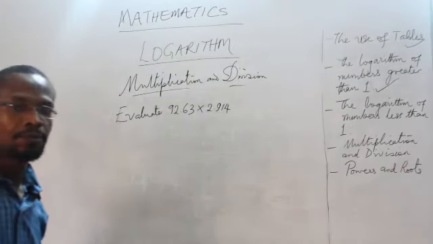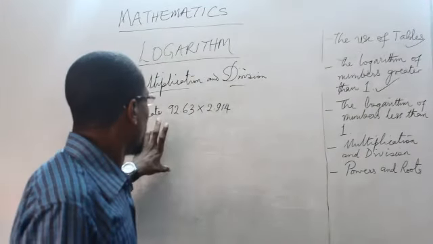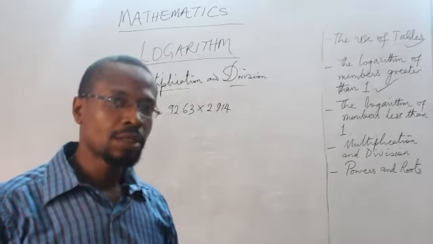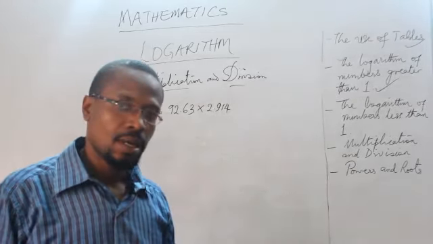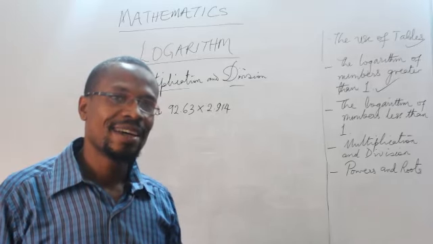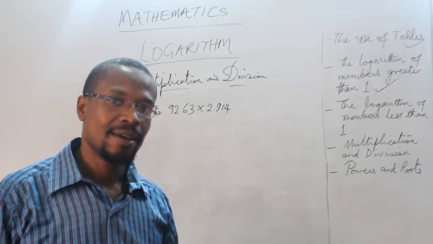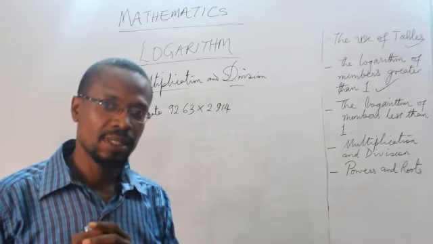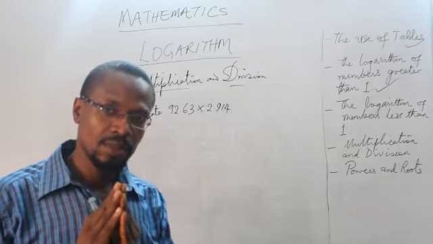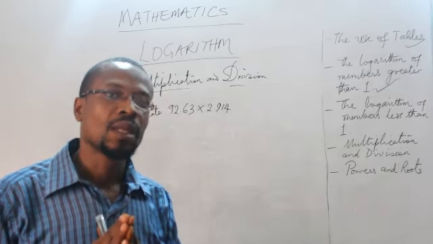Okay, so multiplication and division. When multiplying numbers in logarithm, we add the logarithms of the numbers. After we have got the logarithms, we add them together.